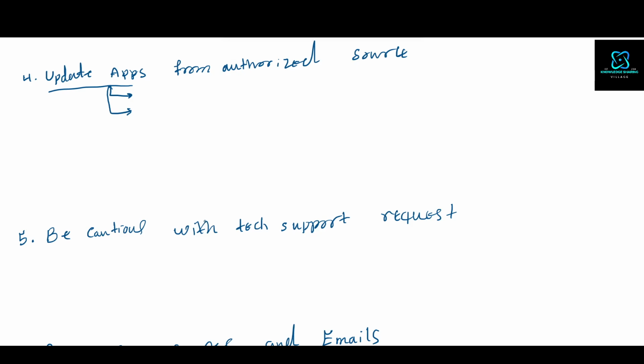If you have technical difficulties, for example, if your computer does not work, then you should first contact the manufacturer of that device. Here again, the attacker may create a similar, not exactly, but a similar website of the manufacturer of the device that you are using.